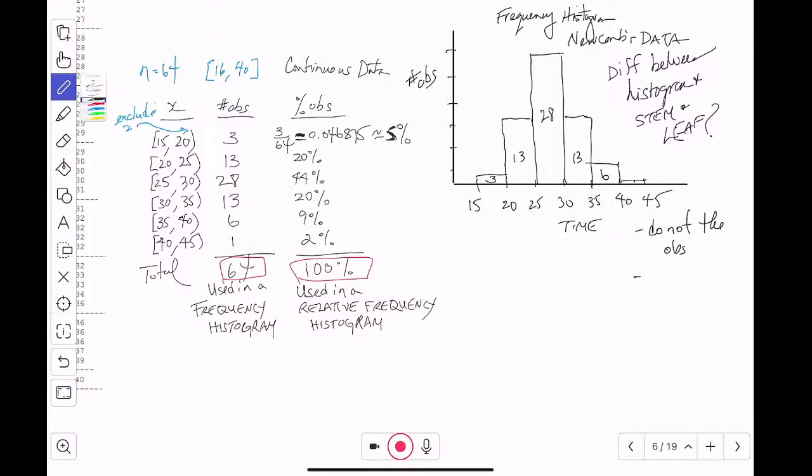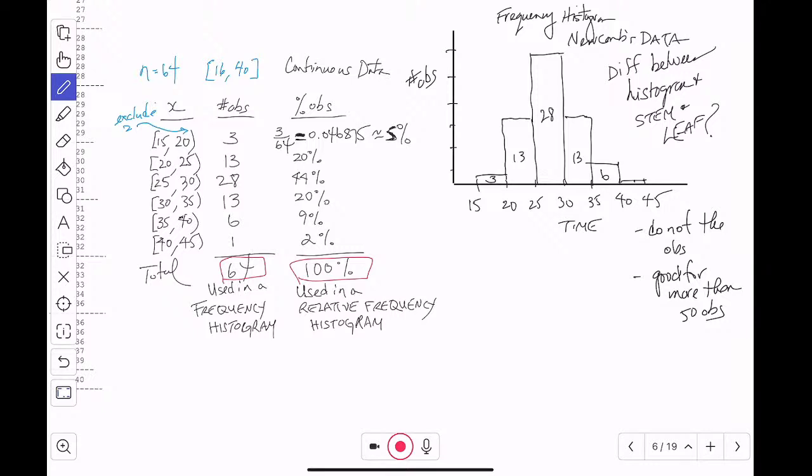But the good thing is it's good for lots of data. We don't get this long, crazy stem and leaf plot, like the one I showed you in the sample problems notes. It's just a long leaf because there's so much data.